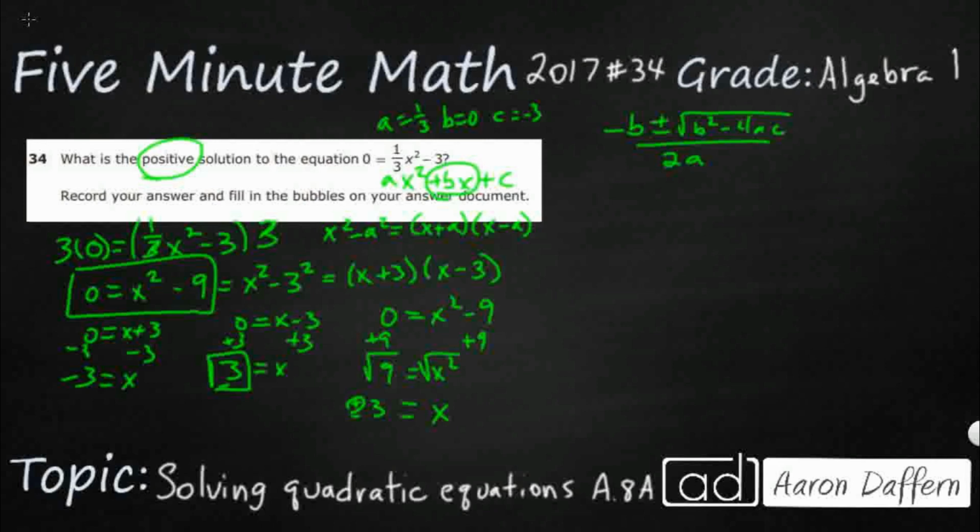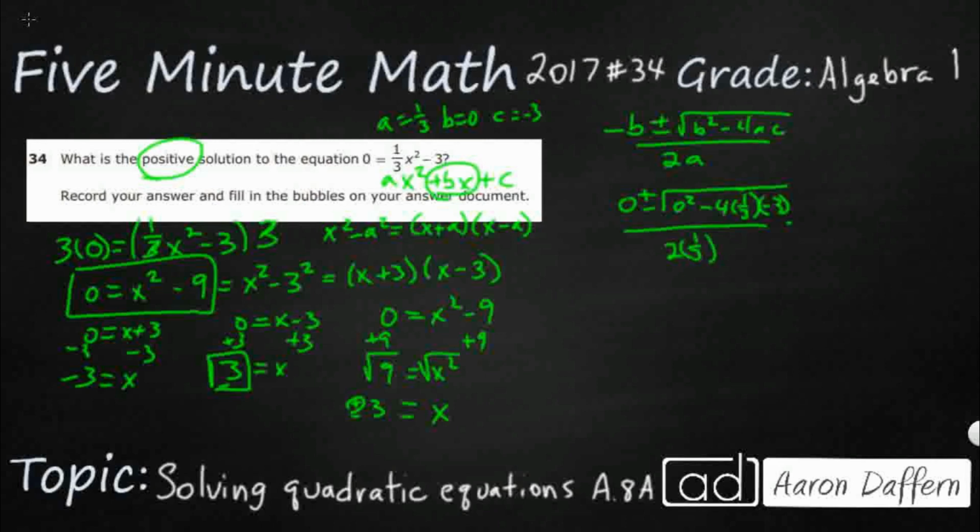So my negative b is just going to be 0, plus or minus the square root of 0 squared. Now my minus 4ac: minus 4, my a is 1/3. My c is negative 3, so that's going to end up making that a positive, right? And that's going to be over 2a, so 2 and then times 1/3.